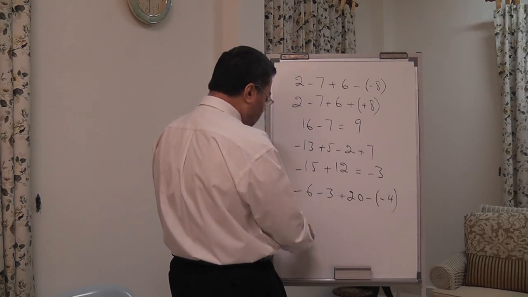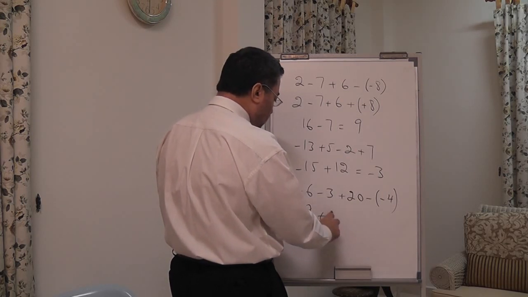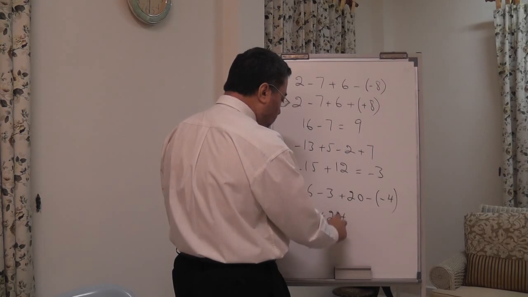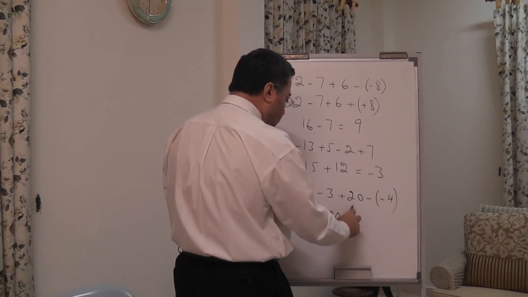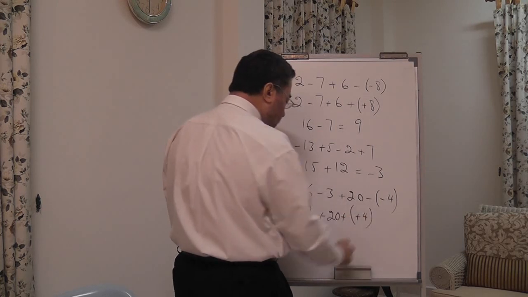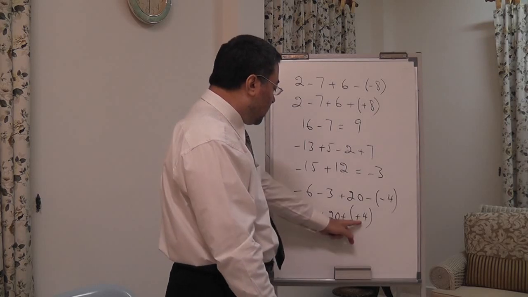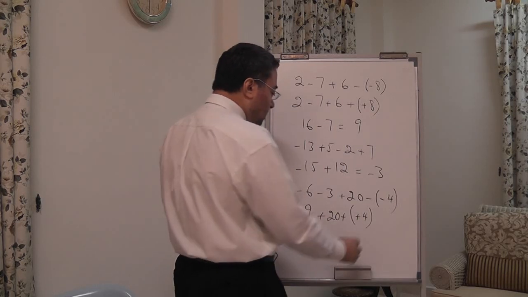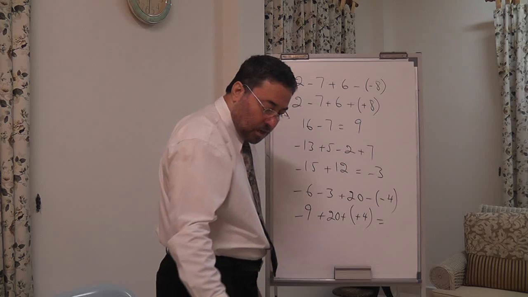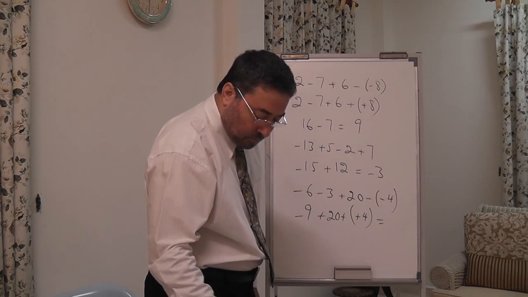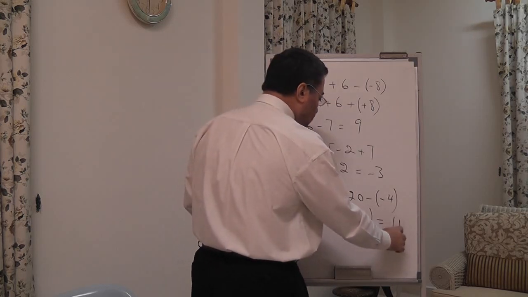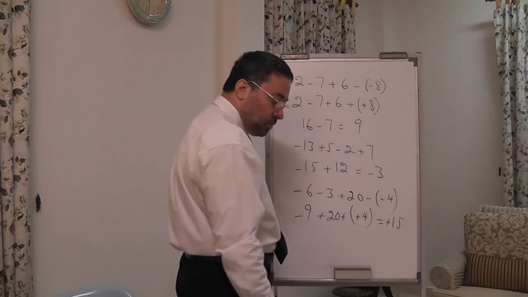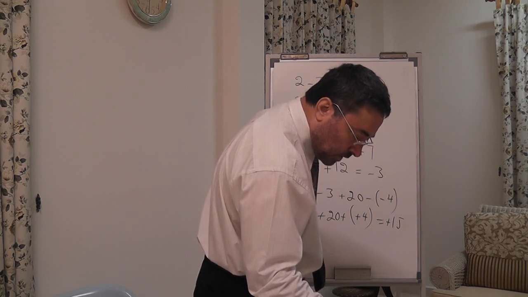We can add these two together, so this will be minus 9 plus 20, plus change this to a positive sign and get the opposite of minus 4, which is plus 4. So we have here 24 minus 9, and that will be 15. And the sign of the larger is a positive sign.